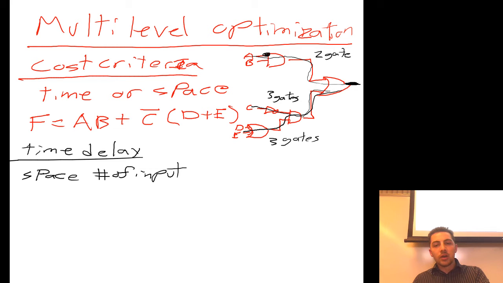So on this, I've got two inputs. Here, this inverter has a single input. This OR gate has two inputs. This AND gate has two inputs. This OR gate has two inputs. So all told, 1, 2, 3, 4, 5, 6, 7, 8, 9 inputs. Okay.